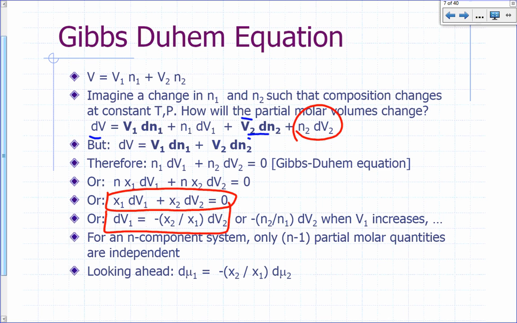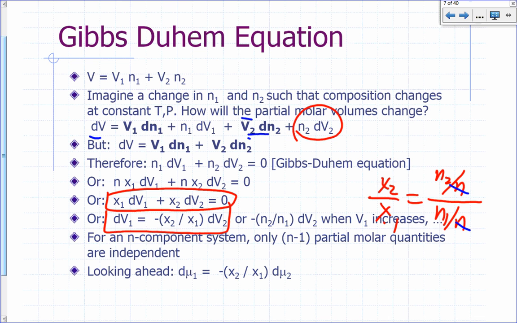Since x2 over x1 is the same thing as n2 over n total divided by n1 over n total: mole fraction of 2 is moles of 2 over moles total, and mole fraction of 1 is moles of 1 over moles total. The n total cancels out.